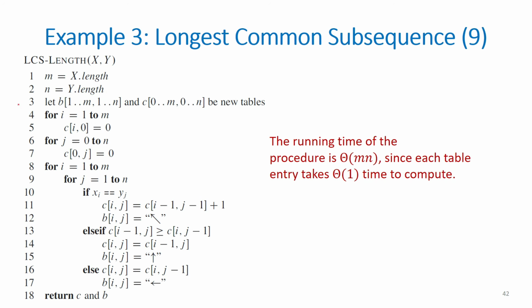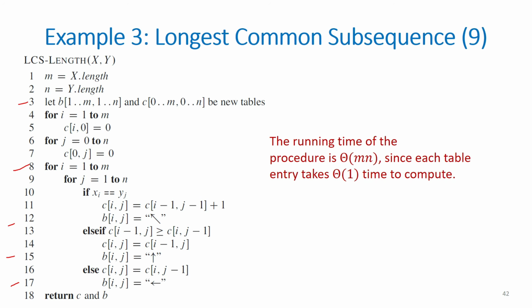On line 3, we define the tables C and B. On line 8 onwards, we apply the three cases and store the lengths of the LCSs found in each iteration. The arrows stored in the B table, which is on lines 12, 15, and 17, help us visualize and trace the LCS as the algorithm runs.